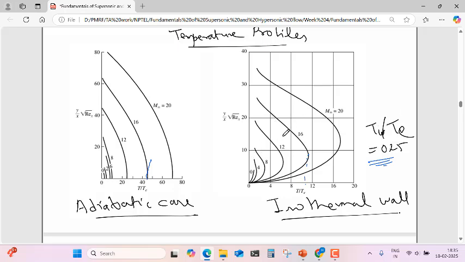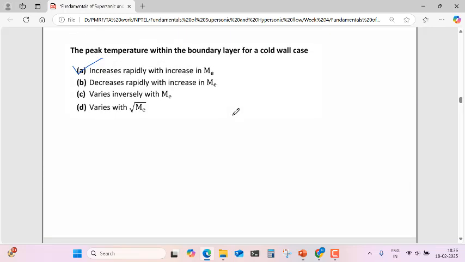If you see this figure, the maximum temperature is increasing with Mach number, and you can see that it is increasing very rapidly, from 8 to 12 and 12 to 16. This is the answer for this question.